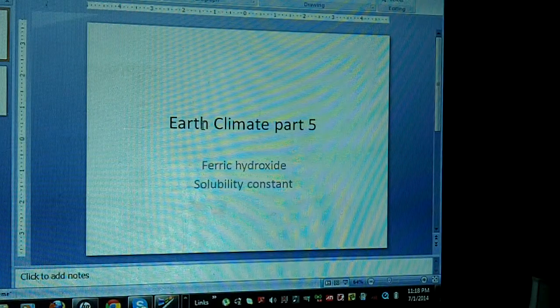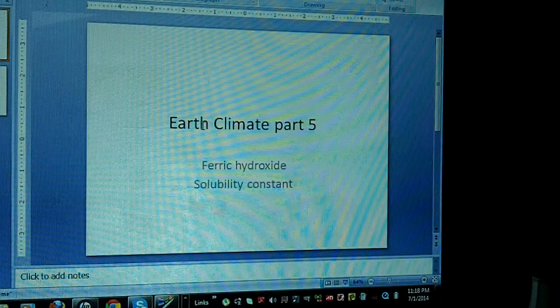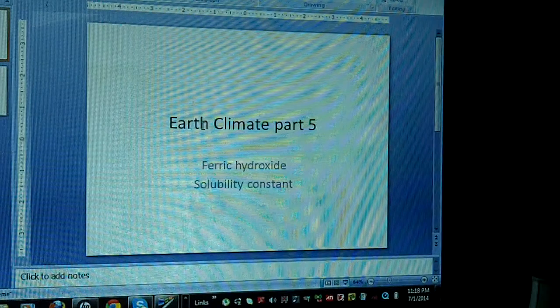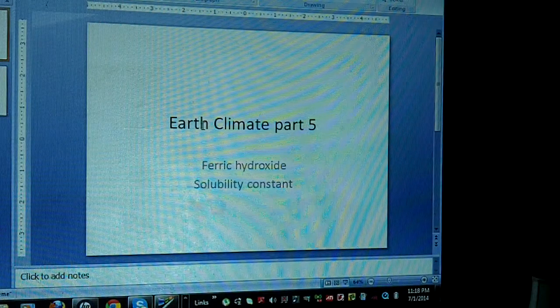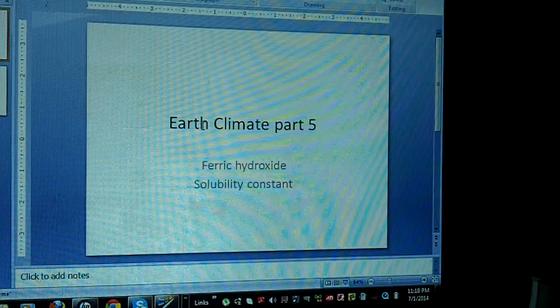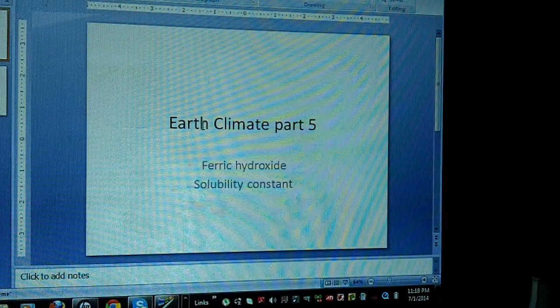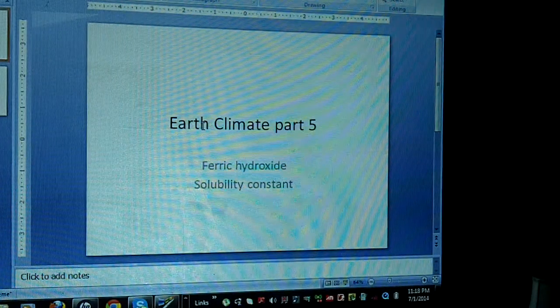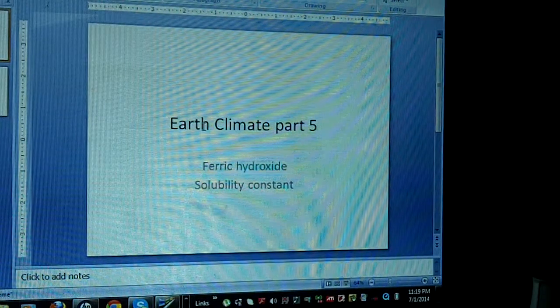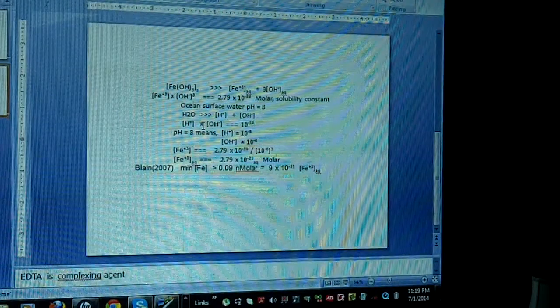But there are some things about the properties of ferric hydroxide that you need to understand if you're planning on dumping ferric sulfate or any other iron compounds into the pelagic seas.